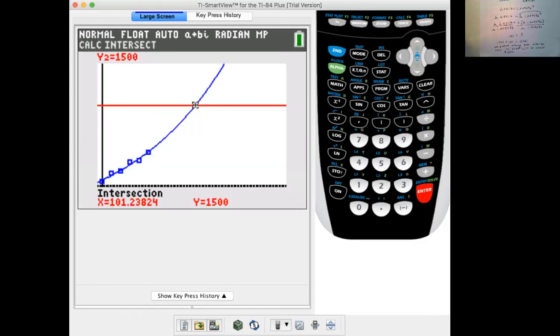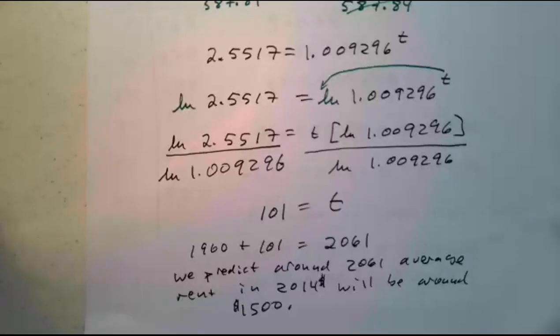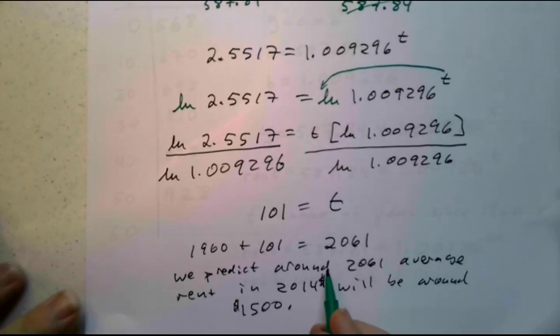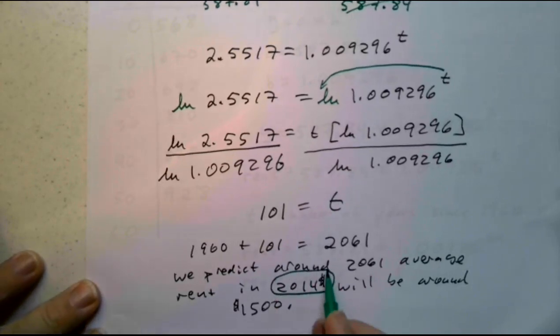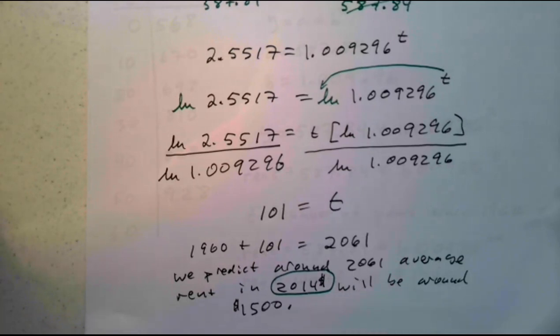So indeed, the 101 is correct. 101 years since 1960 gives us 2061 when we would expect the average rent in 2014 dollars to be around 1500. I want to emphasize that inflation is constantly reducing the value of your money. That's assuming the model holds, which is not realistic, but interesting.